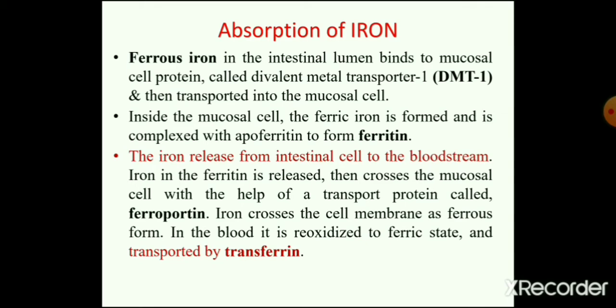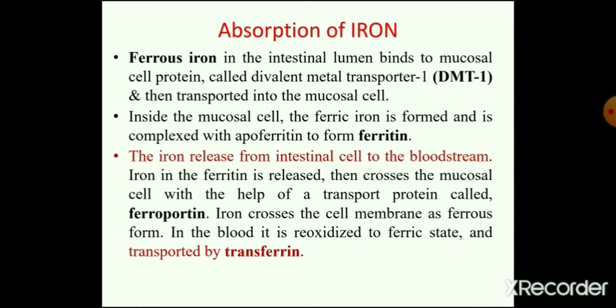So ferrous iron passes through the divalent metal transporter into the intestinal mucosal cell. Inside the mucosal cell, the ferric iron is formed and complexes with apoferritin to form ferritin. So after entering the intestinal mucosal cell, it is again converted to ferric and then combines with apoferritin to form ferritin, which is the storage form.